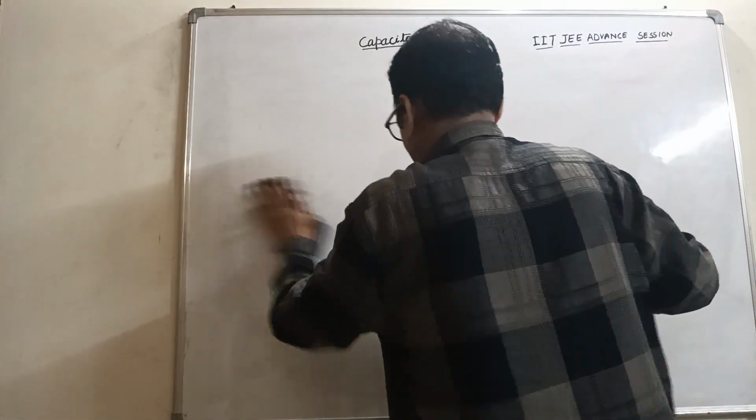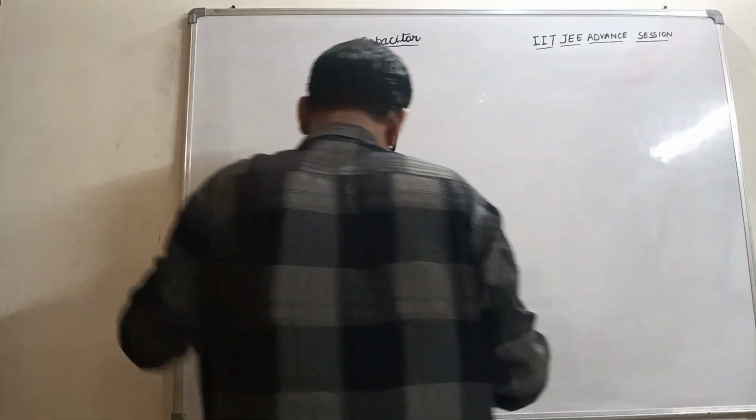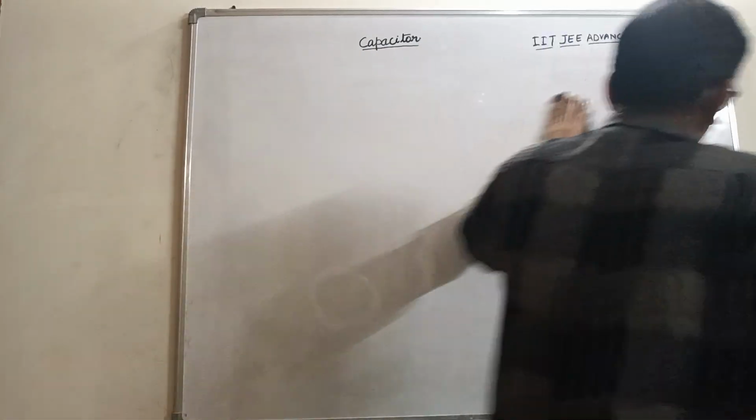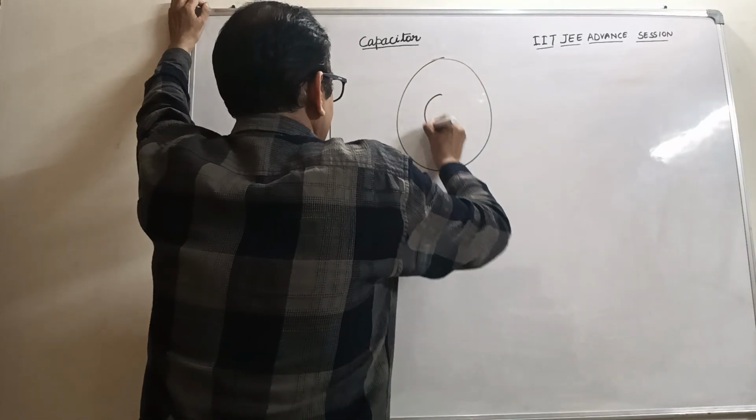We either take a spherical concentric cylinder or a concentric sphere. So in both cases, suppose this is a concentric cylinder and this is a concentric sphere.